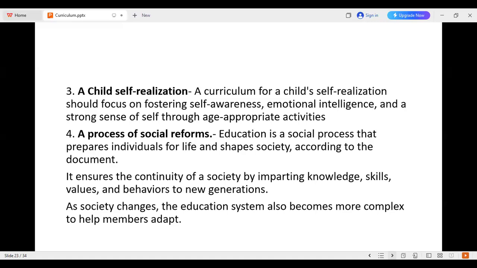Therefore, in our curriculum, we have to include more and more AI, artificial intelligence, integration of IT into education, digital literacy, due to the changes taking place worldwide. The curriculum has a big connection with social reforms.